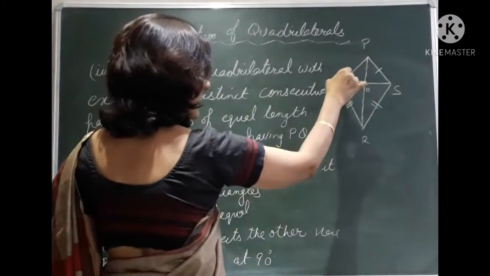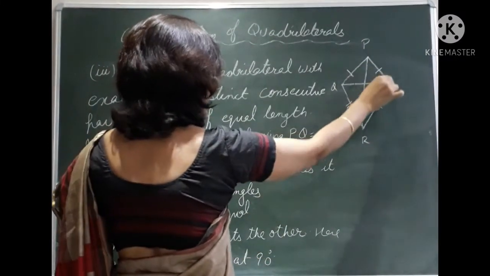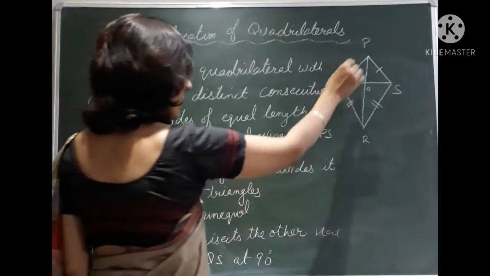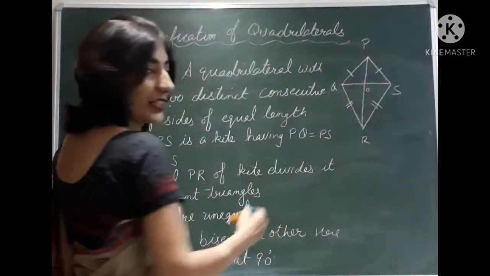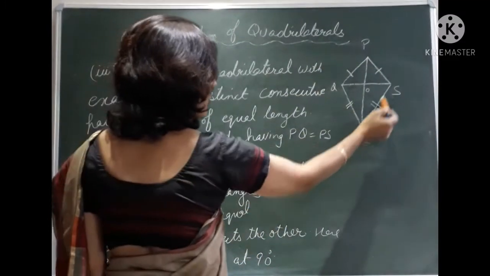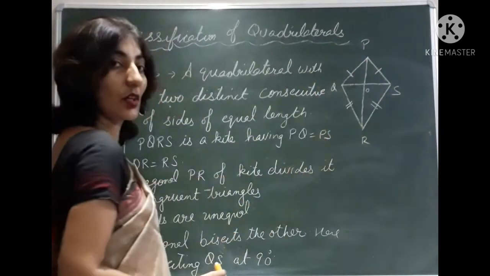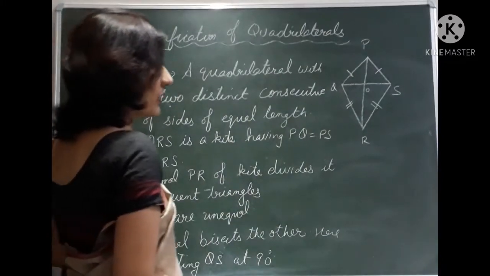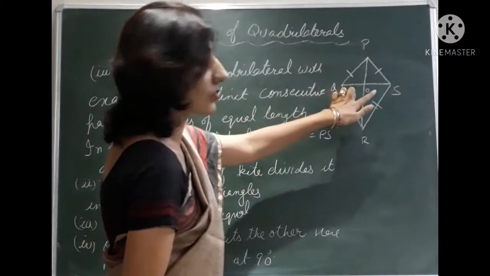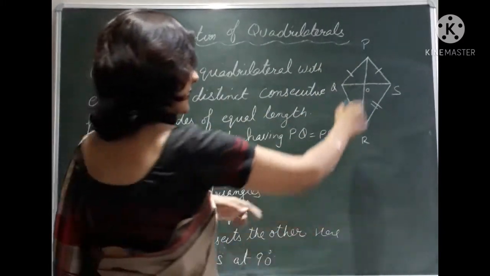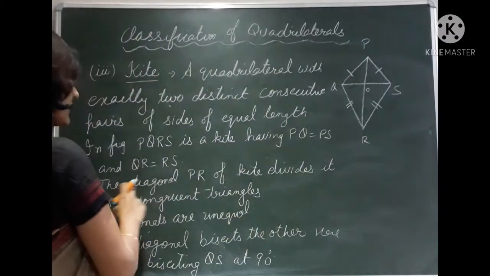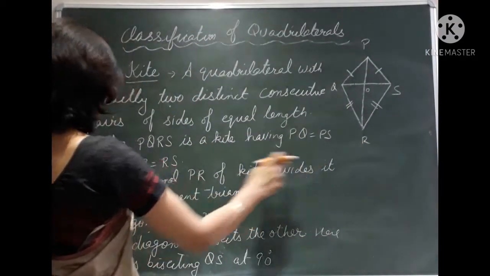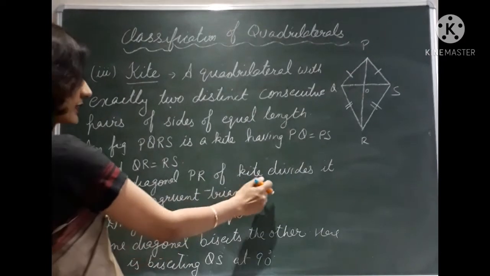If I take triangle PQR and triangle PSR, you can see side PQ is equal to side PS, QR equals SR, and this side PR is common. So by SSS, these two triangles are congruent, but not these two. QS is not dividing it into two congruent triangles, but PR. So I have written the diagonal PR of the kite divides it into two congruent triangles.